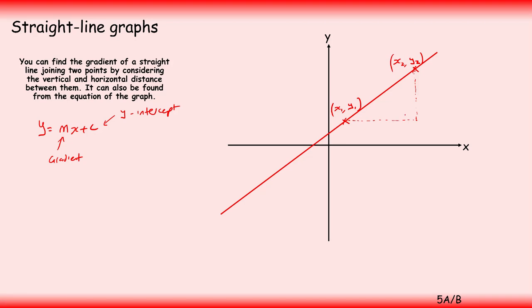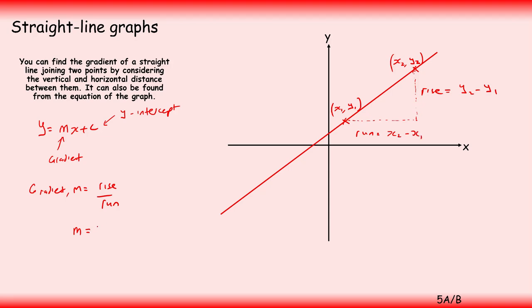Now, I used to teach this as the gradient. M is equal to the rise divided by the run, or the change in y divided by the change in x. So here, if we put it in terms of the coordinates, the rise is going to be equal to y2 minus y1, and the run is going to be equal to the difference from here to here, so it'd be x2 minus x1.